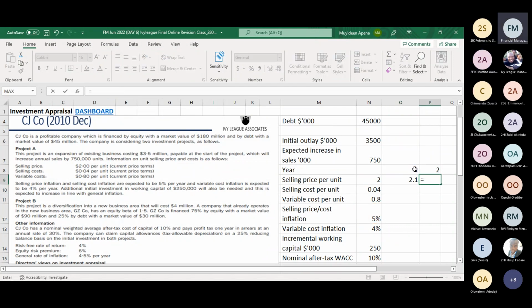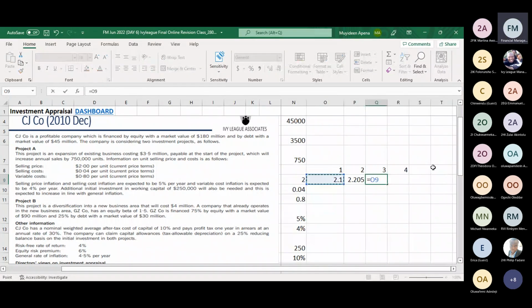Okay, and then the next one will be what? 2 times 1.05 raised to power 2. Third one, same thing, 2 times 1 plus 5% to the power of 3. Fourth one, 2 times 1 plus 5% to the power of 4.